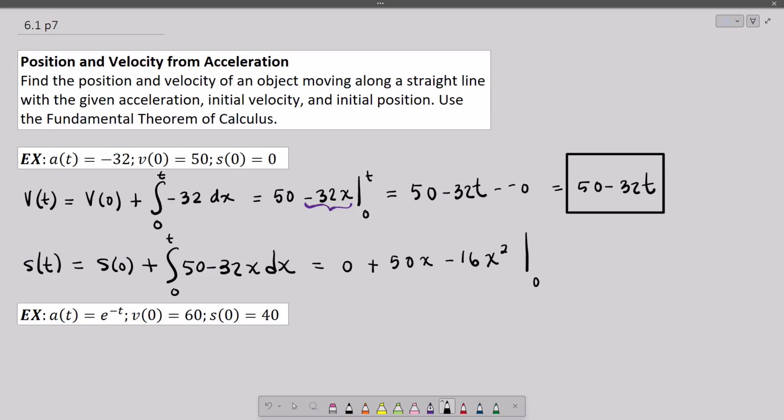And that's from 0 to t. We only plug the 0 and the t into the antiderivative, which is that. So we're going to end up with 50 times t minus 16 times t squared. When we plug in 0 here, what do we end up with? 0. So we don't have to put a constant. You don't have to write plus 0. Leave it like that.